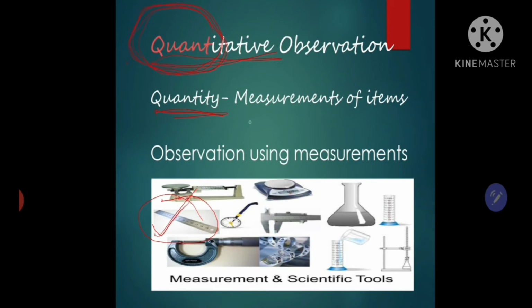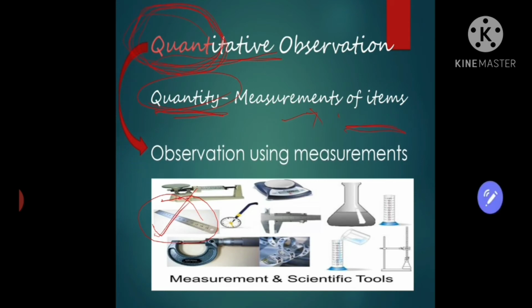Since you are dealing with quantity, you must say that you see 1 kilogram of mangoes on the table. So therefore, your observation is a quantitative observation because you use measurement, you use tools, to observe events that you wish to study. So that is quantitative observation.